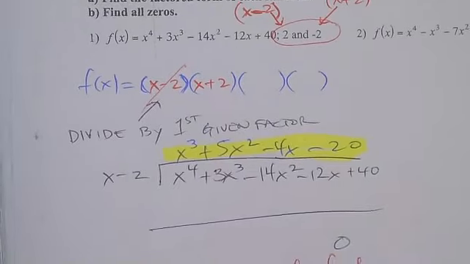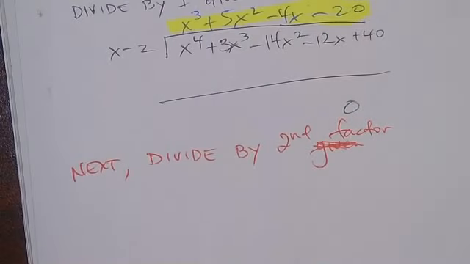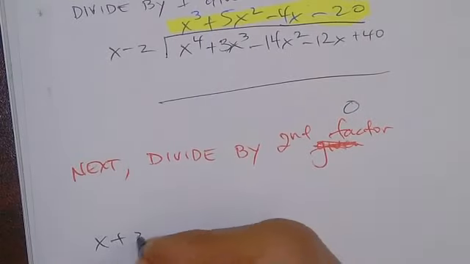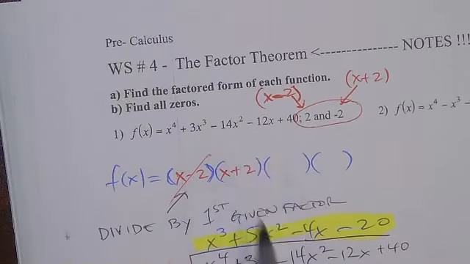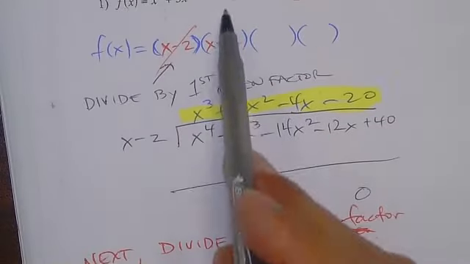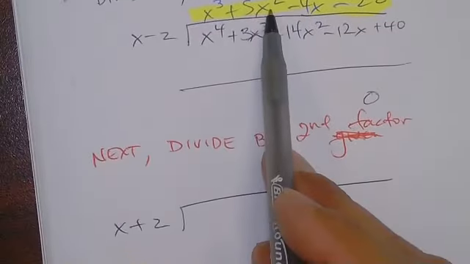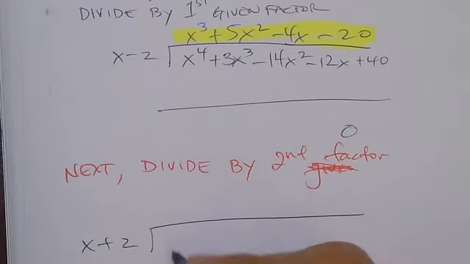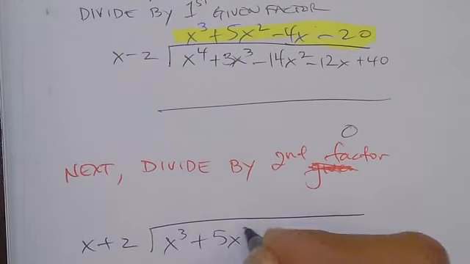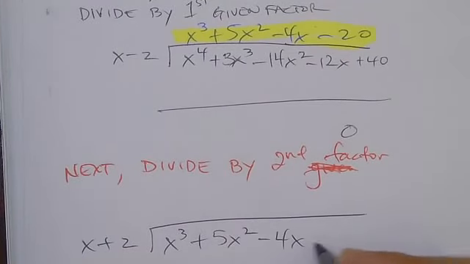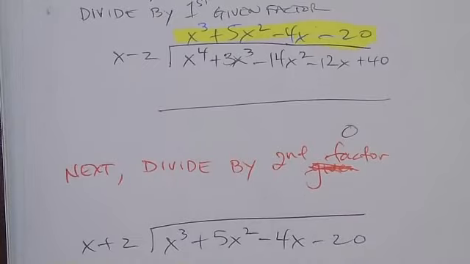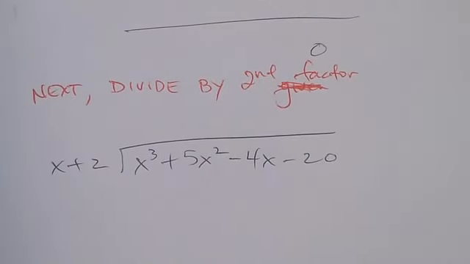Which one's the second factor? We already used the x minus 2. So now you're going to divide this by x plus 2, again not into the main one. We just broke it down to this, so into the x cubed plus 5x squared minus 4x minus 20.